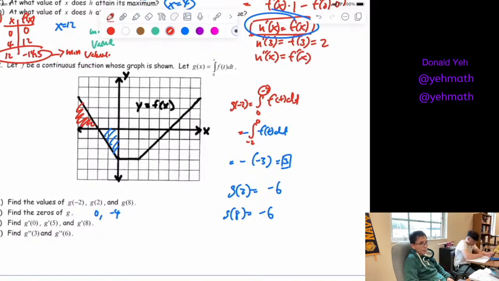What is g prime of 0? What is it? G prime of 0 is what? No. Who says negative 3? Chauvin, good job. Is that negative 3? What is g prime of 5?